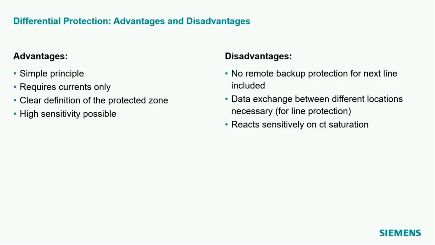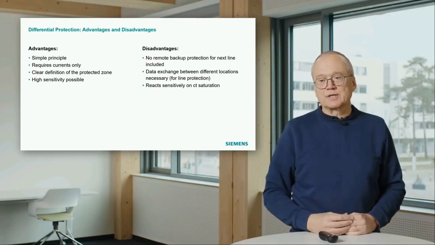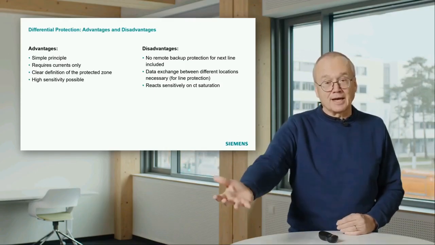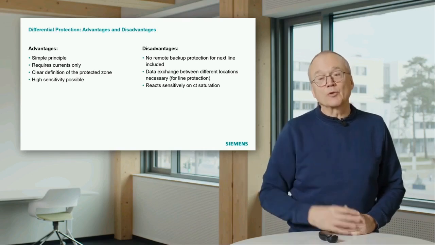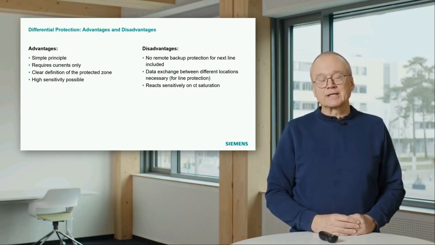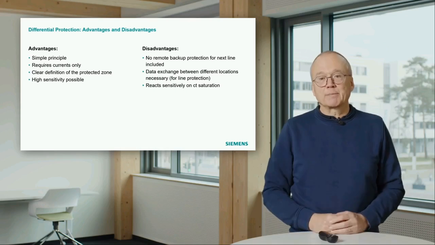Remember, in overcurrent protection and distance protection, the protection relay, first of all, looks at its own line, but it also looks a little bit into the next line. And if there is a protection failure on the next line, our protection relay sees also this short circuit on the next line, sees that the relay on the next line does not react on it, and can then serve as a backup.